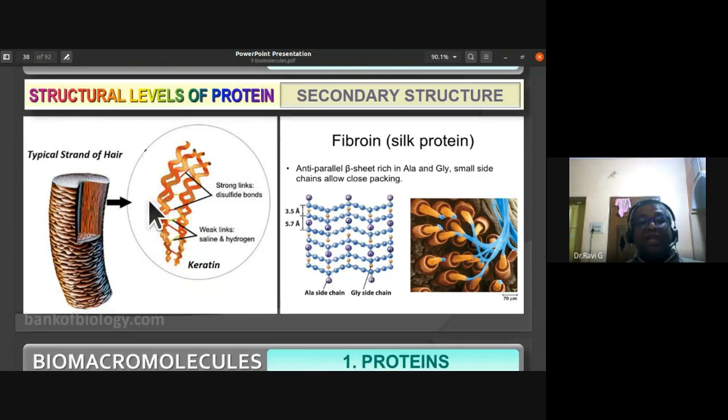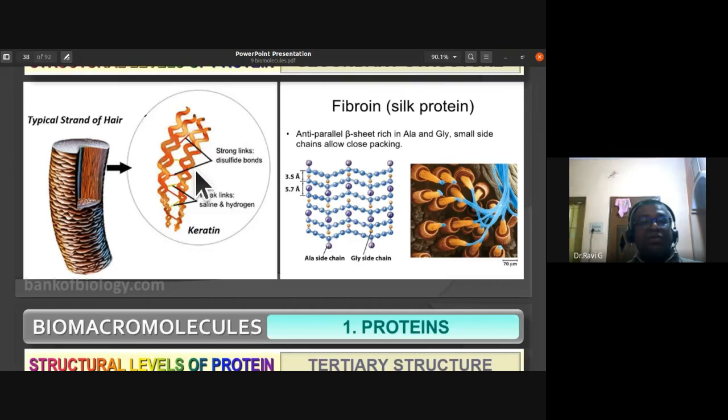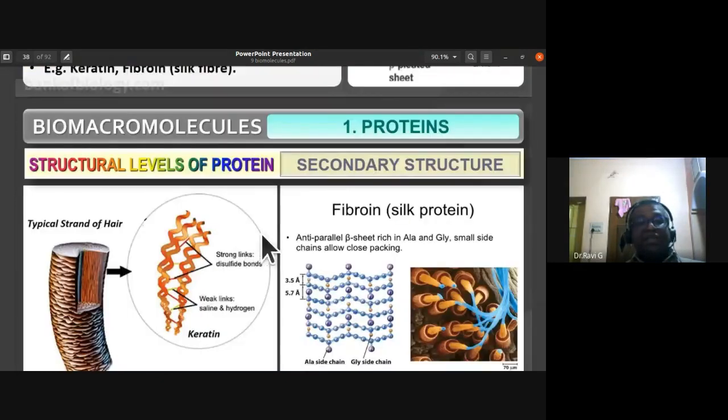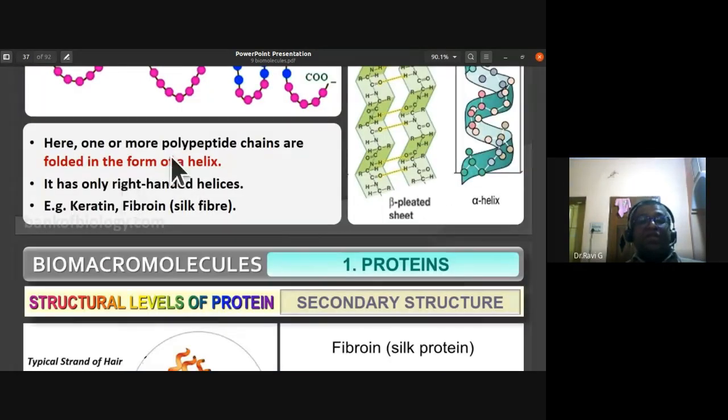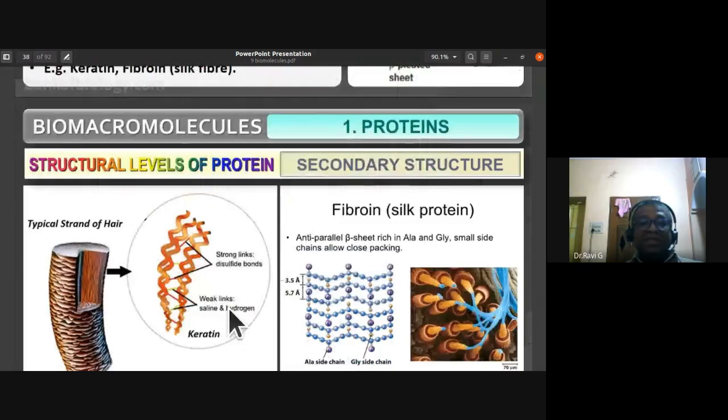They have helical structures, and they are right-handed helices that you can notice in keratin. They have strong disulfide bonds, and weak links are noticed there. So keratin is an example, a typical strand of hair, where you can notice the secondary structure.